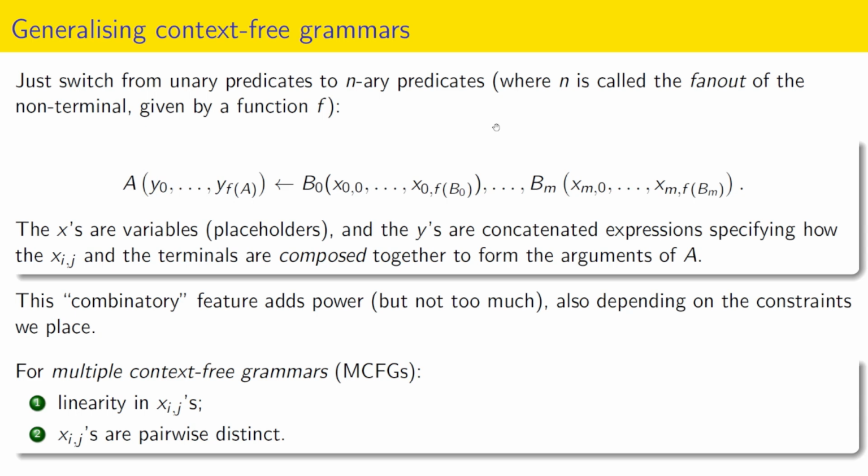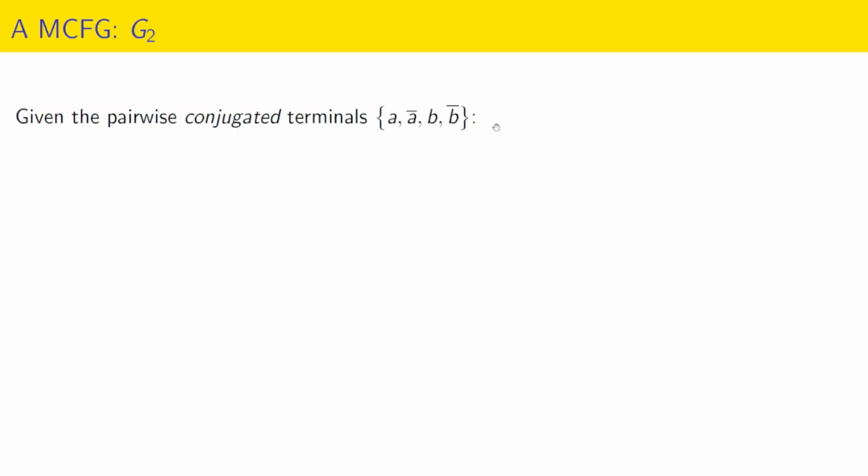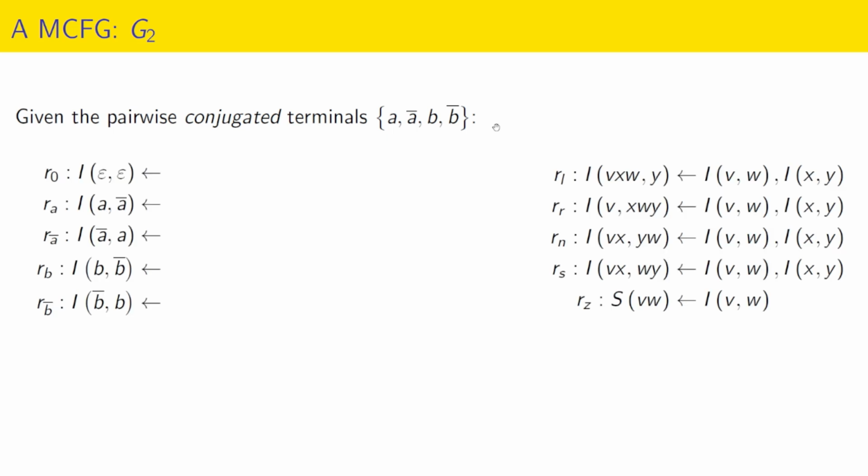I skipped the definition because it's really tiresome and tedious, but the main idea is hopefully clear enough. And we just skipped one example. So this is a possible multiple context-free grammar.